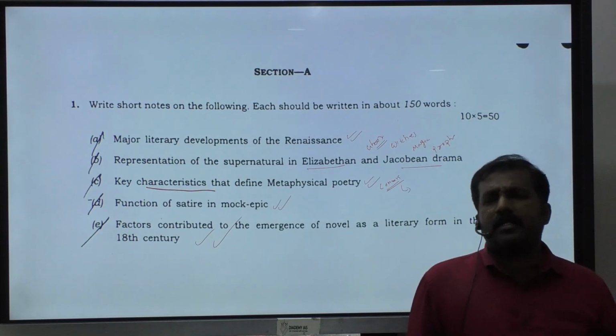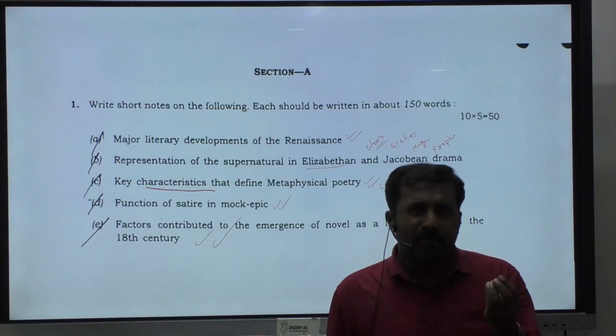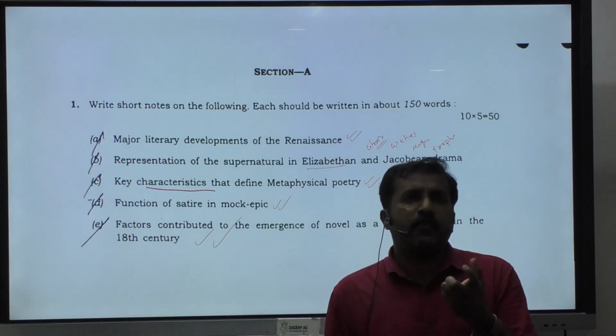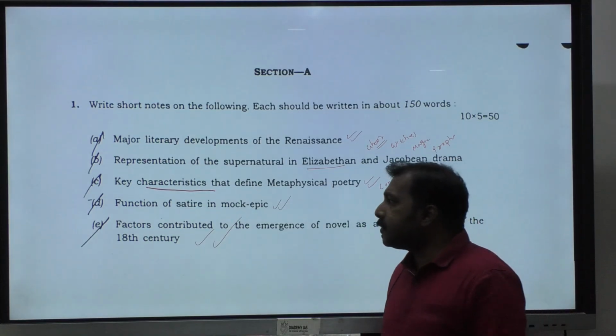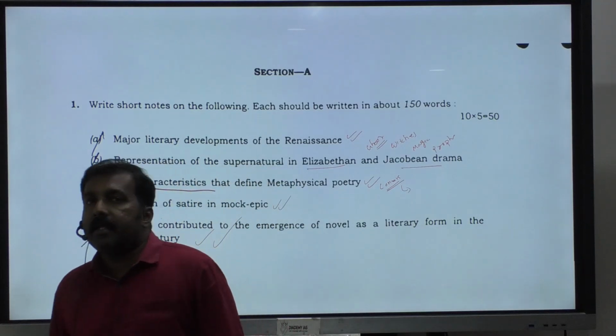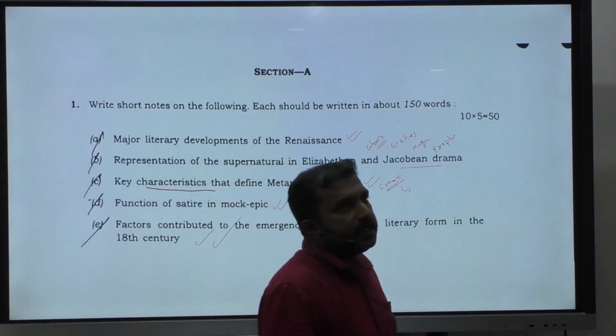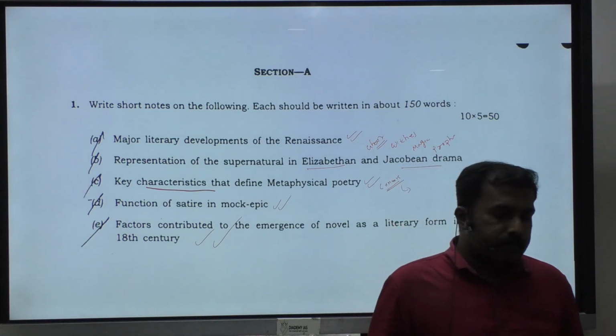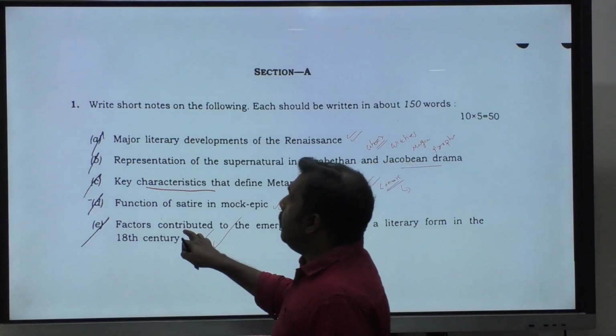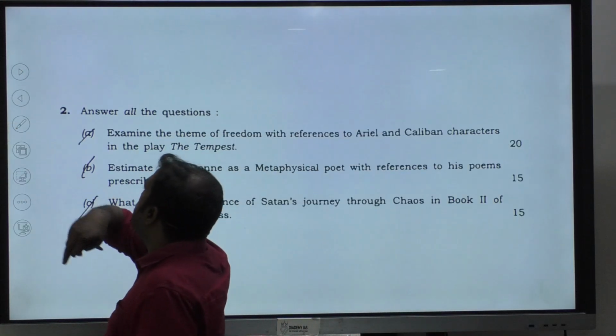All these concepts you have to give. I'm giving some clues on how to frame a beautiful answer. So this is the first section A, which mainly concentrates on the literary movements in paper 1.